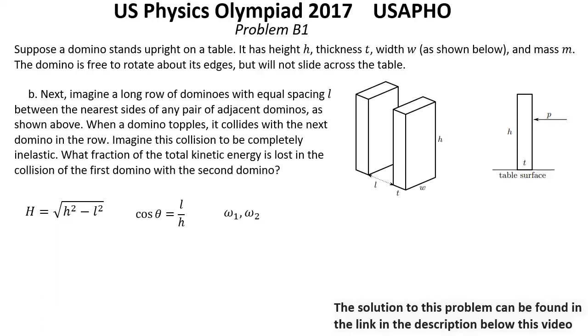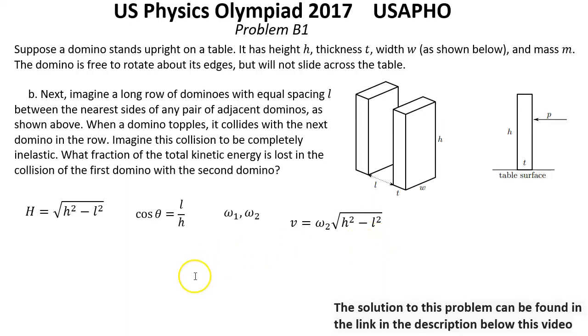Suppose that right after collision, these dominoes have angular velocities omega-1 and omega-2 respectively. It means that for the second domino, the horizontal speed of this point will be omega-2 multiplied by the height of this point, which is the square root of h squared minus L squared, because it's the vertical.